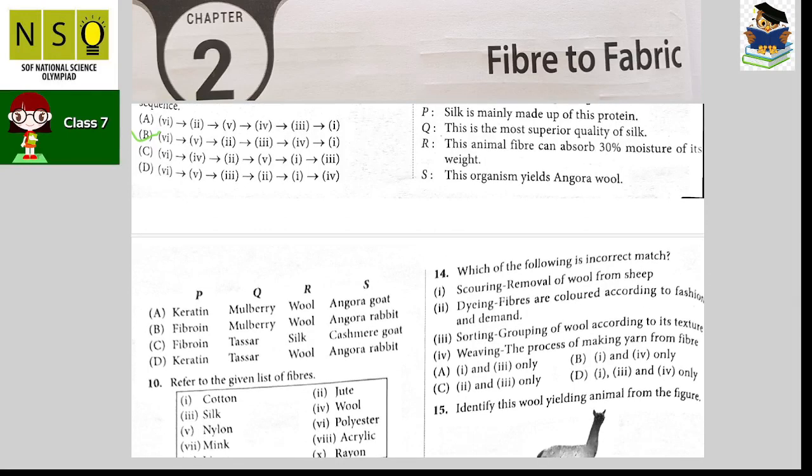Question number 9 says, identify P, Q, R and S from the given statements and select the correct option regarding them. P is silk is mainly made up of this protein. Q is this is the most superior quality of silk. R is this animal fiber can absorb 30% moisture of its weight, and S is this organism yields Angora wool.